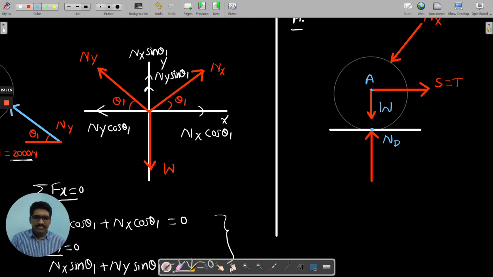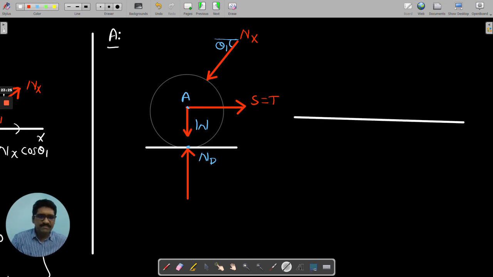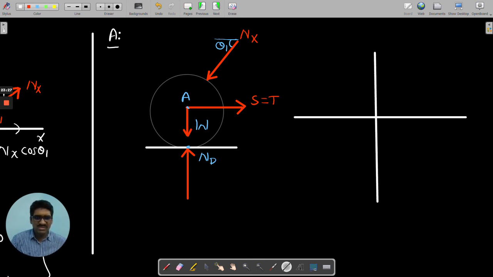Okay. Now we can do one thing. Angle theta 1 with the horizontal. Place the coordinate system. Have some patience. This was a lengthy question. You have no alternative. It is X, it is Y axis. Now you place all the forces in this quadrant.